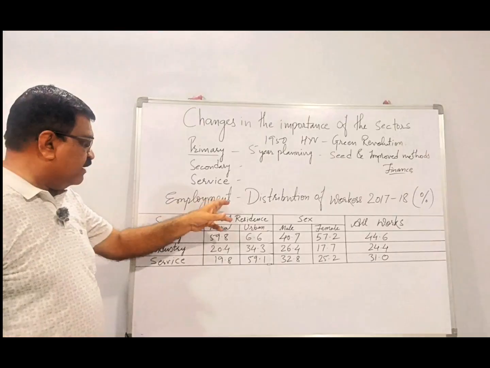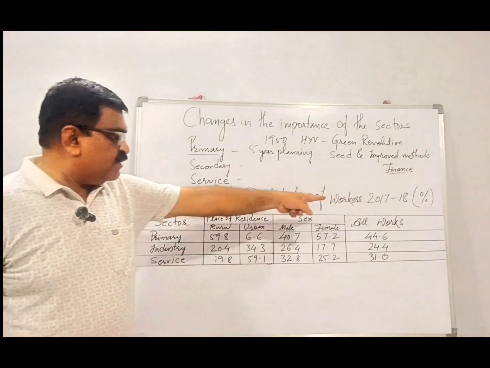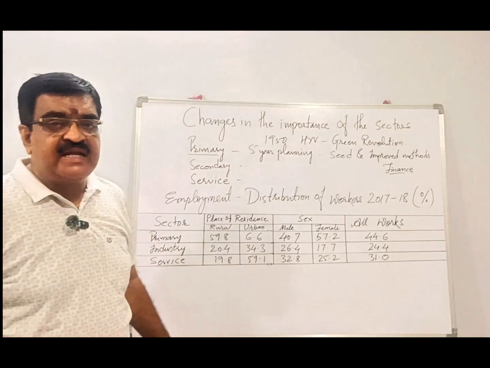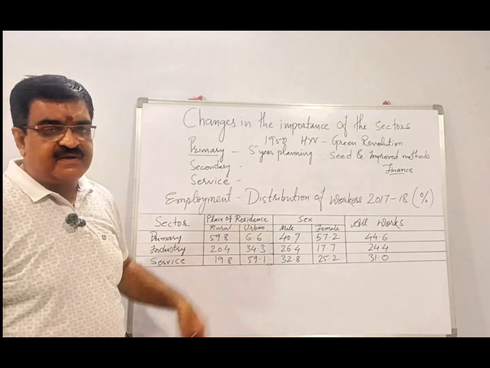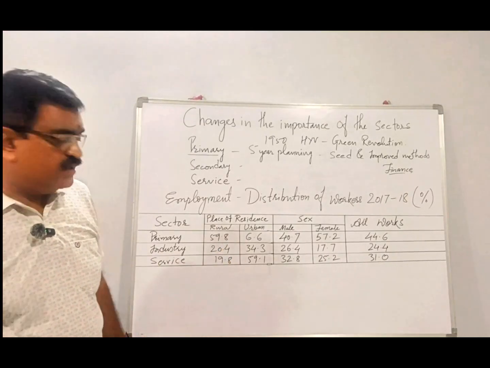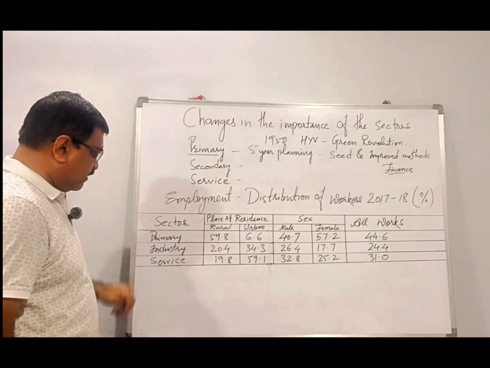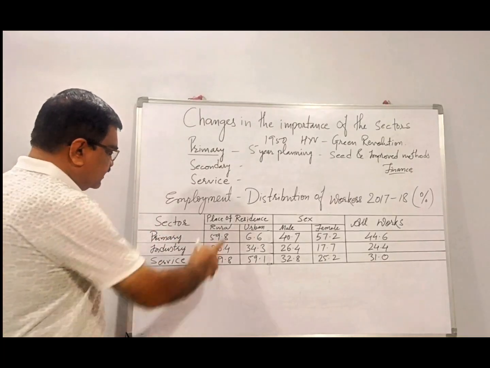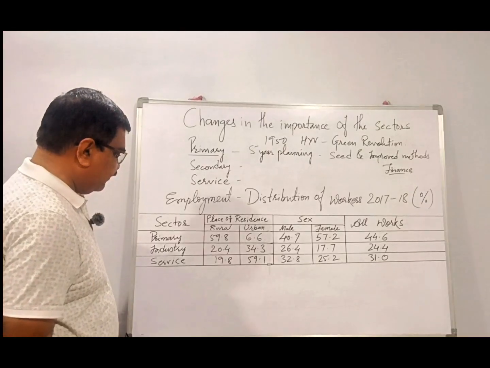Now we will see the employment distribution of workers, and the base year is 2017-18. We are seeing it in percent, not in lakhs or thousands. Now see, the sector here is primary, and the place of residence of the people involved in it.